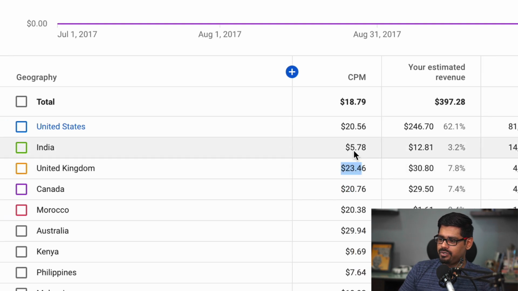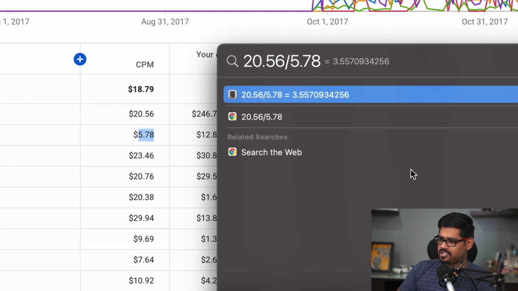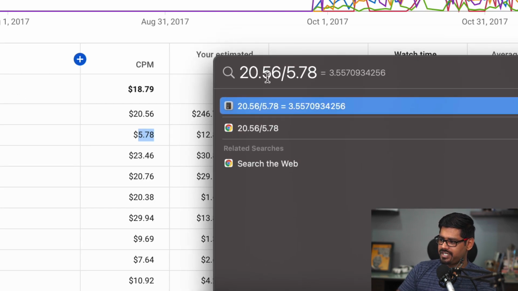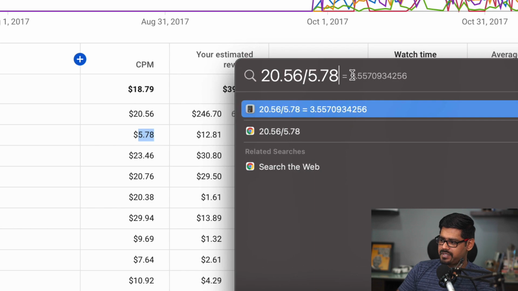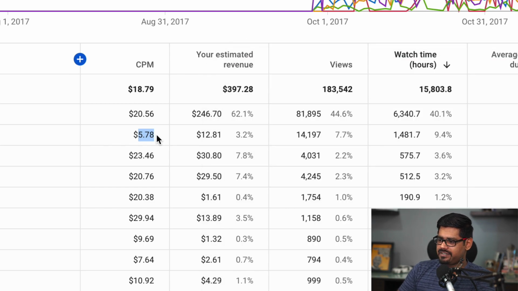Largely, Canada, UK and US are in the same range, like $20 to $23 CPM. So if we look at it in terms of percentage, 355% was the difference in 2017. So advertisers in the US were paying almost 355% more than advertisers in India.